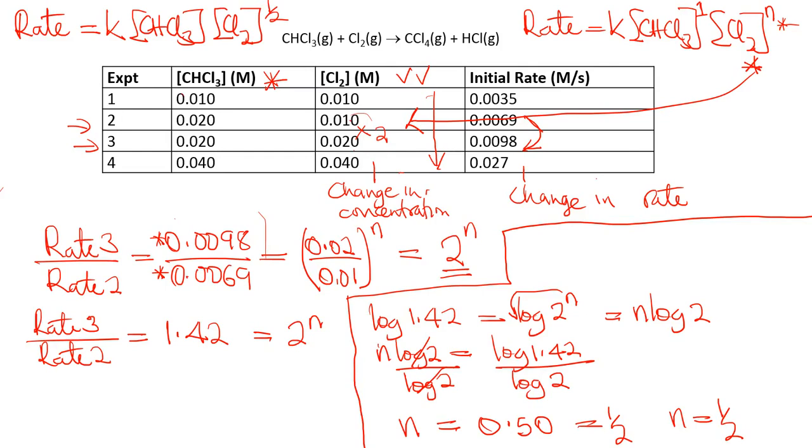So what you do is you make sure that you change one of the reactants and you leave the other reactant constant, and then divide the two rates. Then afterwards you change the second reactant and leave the first reactant constant, and divide the rate change and get the M and N as we have done in this reaction. Thank you.